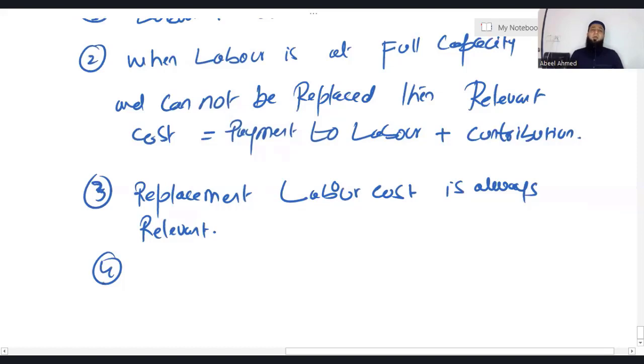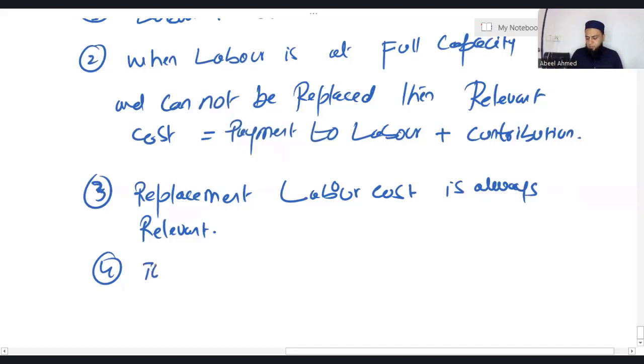Another final concept: if, to do the same job, a number of alternatives are available, then always, according to relevant costing, opt for the cheaper one. Assuming you want to do work Y, and you have labor A as well as labor B, both available, then obviously I'm going to opt for the labor who charges me the lower amount, assuming the quality and everything else is the same.